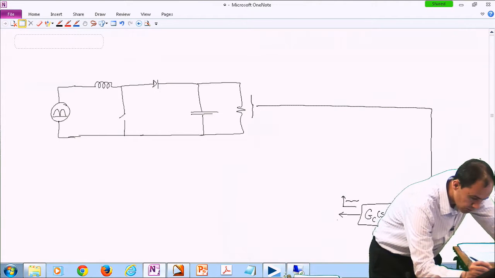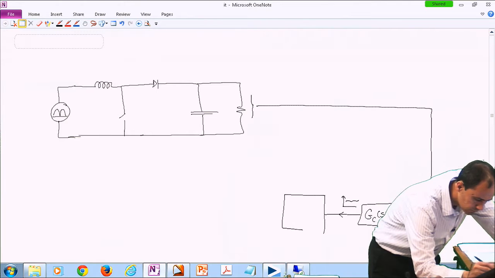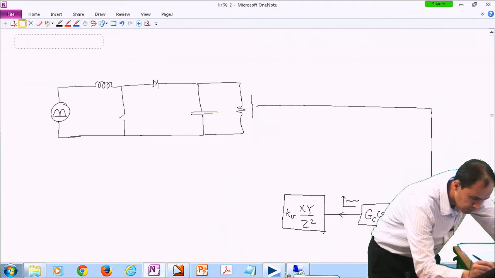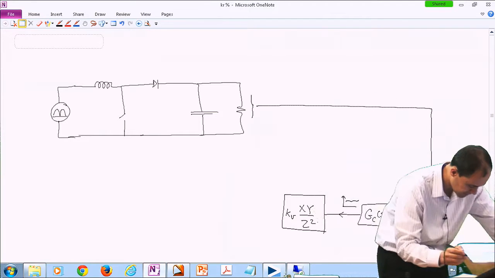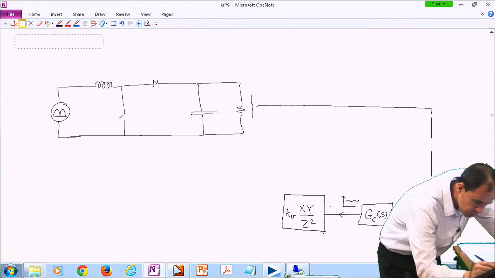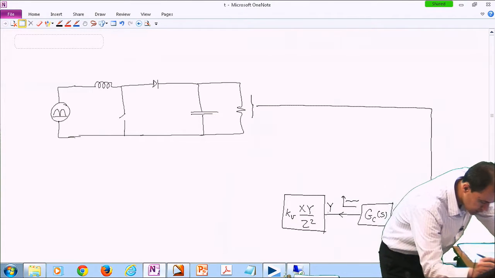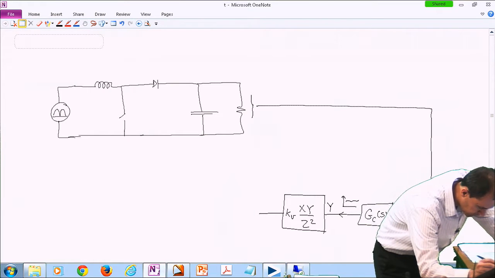And this is the extra block that we have to add. And I'll explain what X, Y, and Z are. K is just a sensing gain. So this signal is Y. And then ultimately we get IREF.